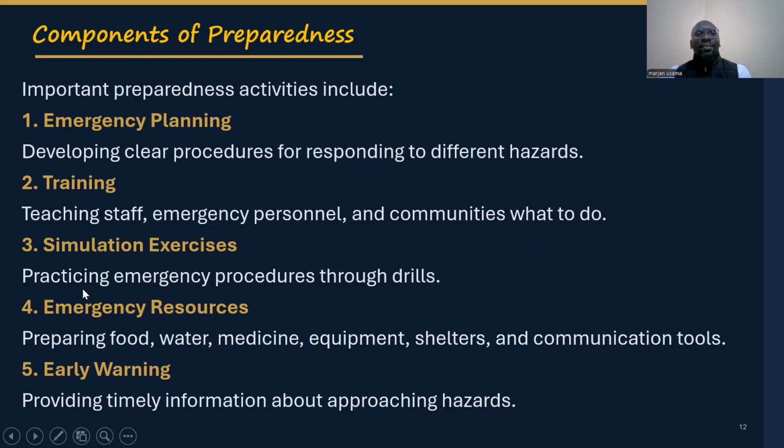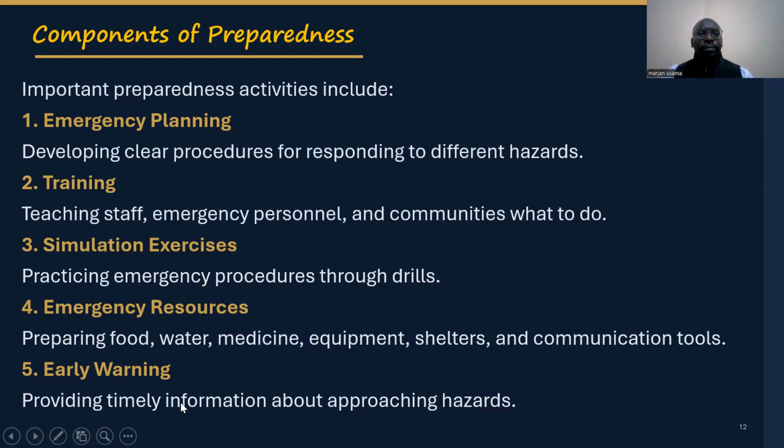Simulation exercises, practicing emergency procedures through drills. So this is where you assume that there is a fire. So what are you going to do? These are known as simulations. They are not real. We are acting. Then emergency resources, we need to ensure that we have enough food, water, medicine, equipment, and communication tools.